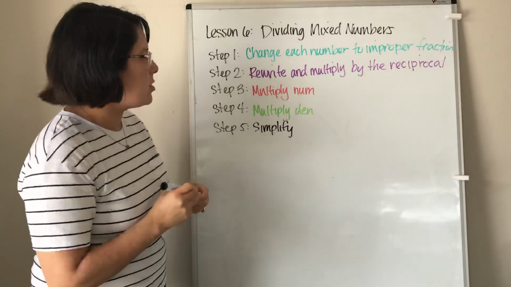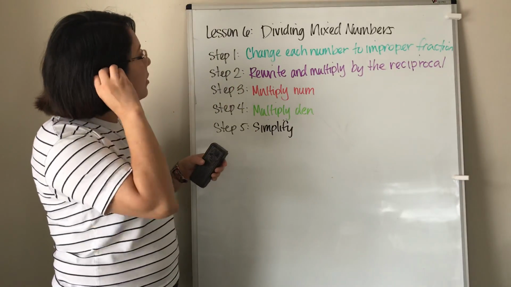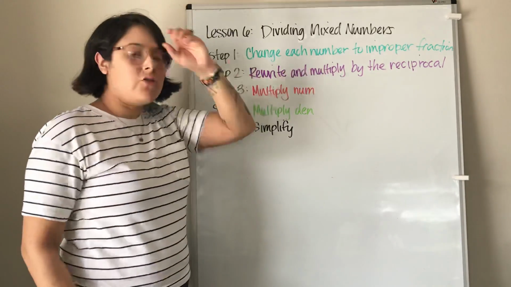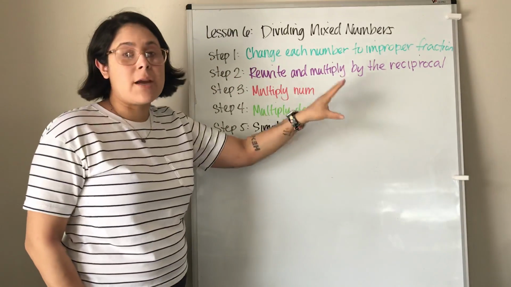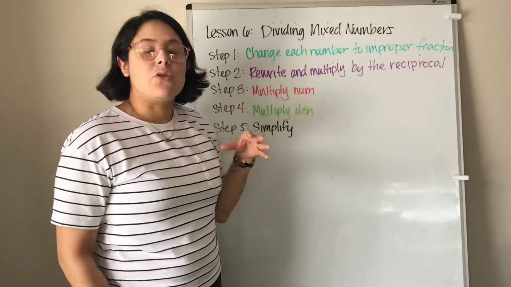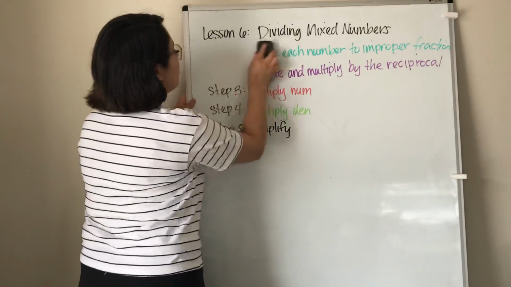Okay, always make sure that you simplify. All right. So again, the only new one here is going to be step 1, change each number to an improper fraction, but you already know how to do that because we did this when we were multiplying mixed numbers, okay? So we got the same steps here, okay? They're just layering on top of each other now.